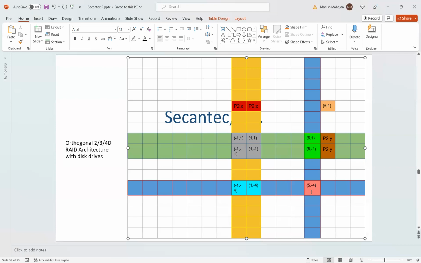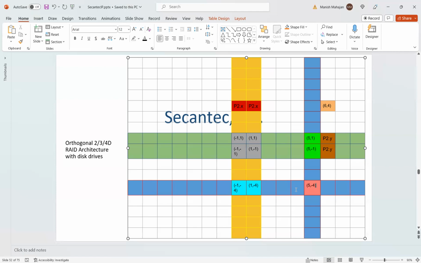Now using that delta, a new delta of the parities on the x-axis and the y-axis is calculated using the Reed Solomon Erasure Encoder. Once that happens, the new data is written into the drive, and whatever delta parity is calculated is XORed on the x-axis parities and the y-axis parities.